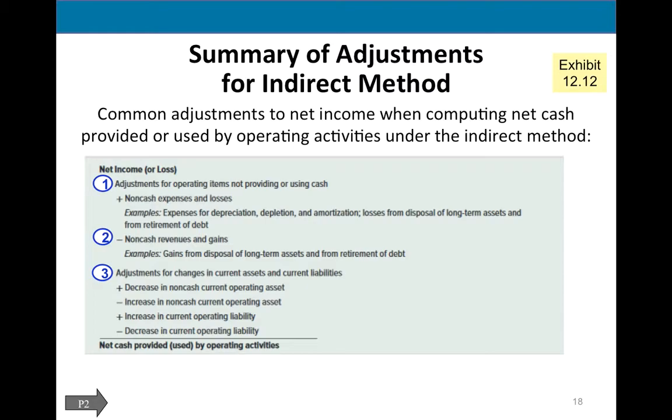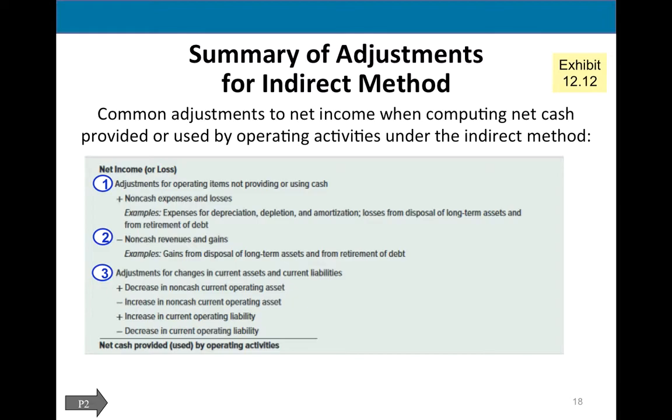That I sold it and I got more cash. So again, if the inventory amount decreased, we add it back in. So for current assets, we do the opposite. If it goes down, we add it. If it went up, we subtract it. For current liabilities, we do the same in correlation. If the current liabilities went up, if accounts payable went up, we didn't pay accounts payable, we have more cash.